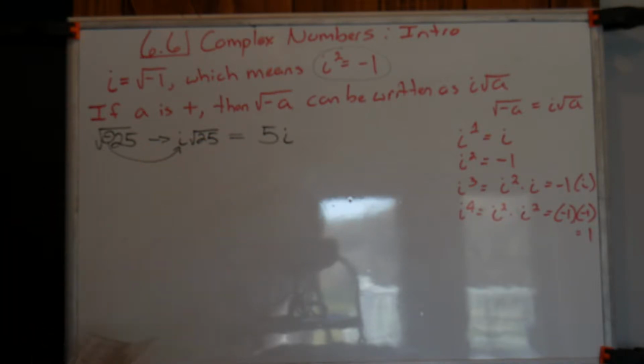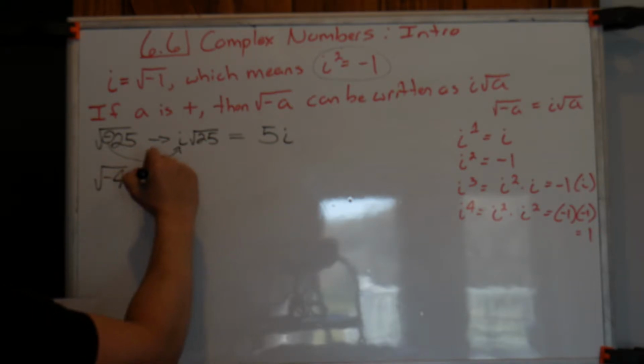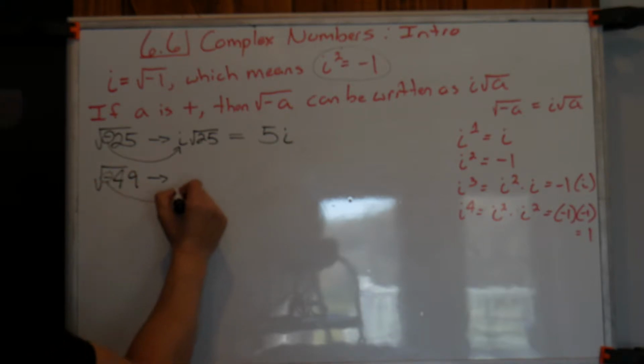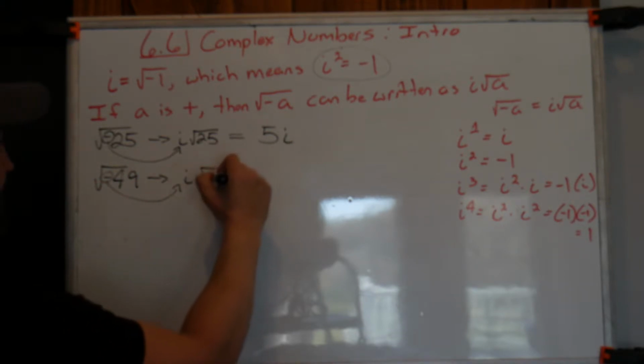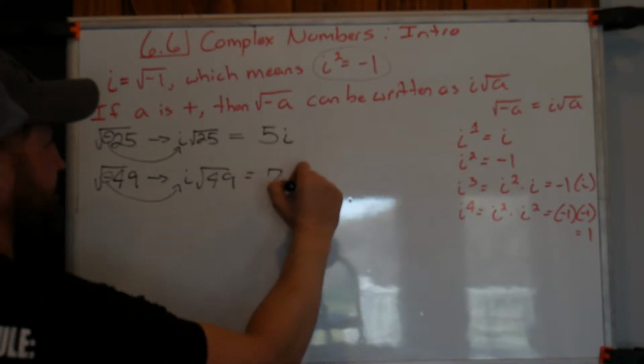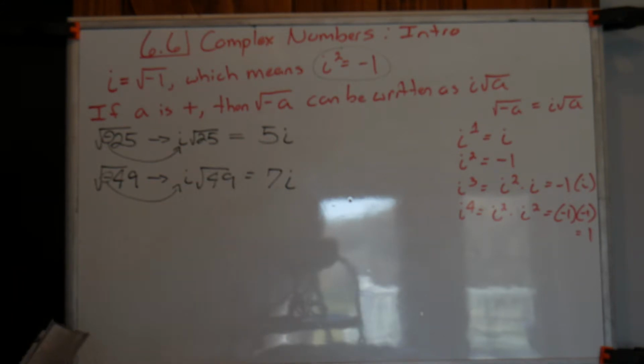Whenever you see a negative inside the radical symbol, pull it out. So then they give us -49. I'll do my little arrow. The negative becomes an i, we're left with the square root of 49. The square root of 49 is 7, so we pull it out. 7 times i is 7i.